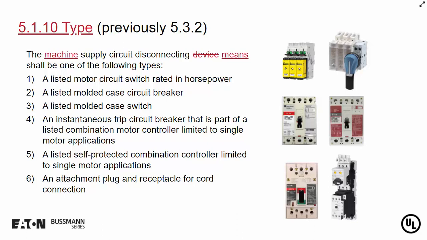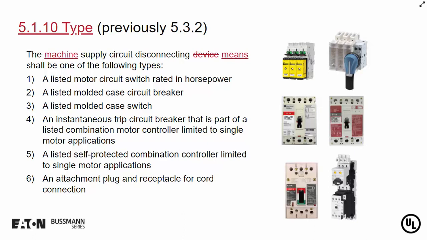Option number 5, and again, here's one that I see people misapply all the time. Well, there's actually 2 devices there. It might look like the device on the left, bottom left, or it might look like the device on the right. More typically, it's going to look like the device on the right.